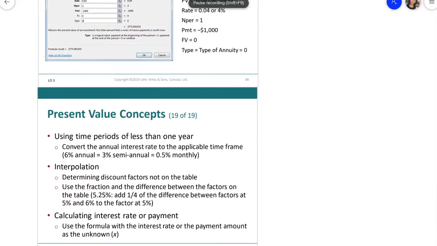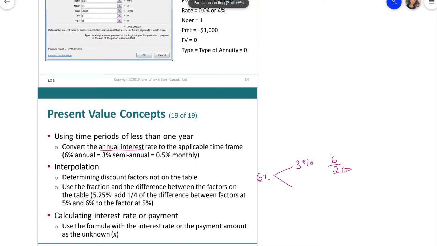Going further, sometimes when we're using the present value tables, or when we're using our calculator, we're given a rate. How do we convert that annual rate into compounding periods? In other words, if your annual rate is 6% and the payments are made to you semi-annually, then all you're going to do is take the annual rate and divide by how many payments in a year.